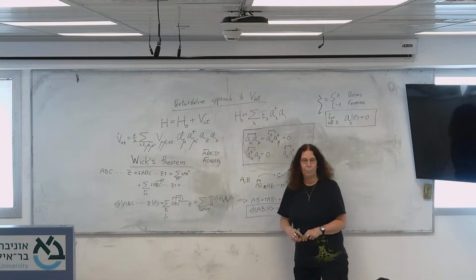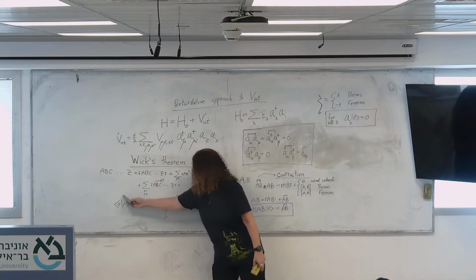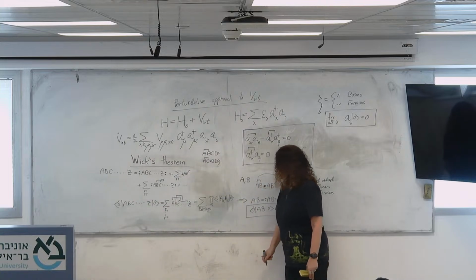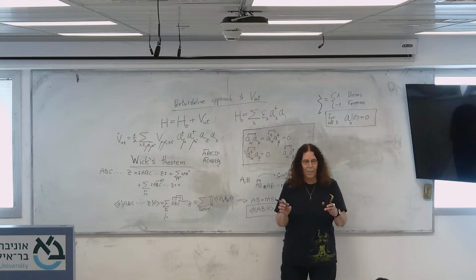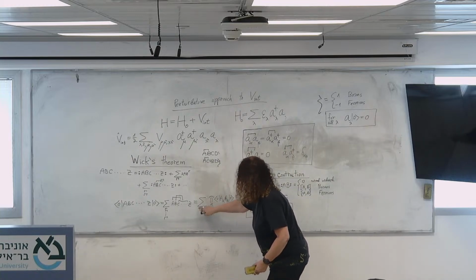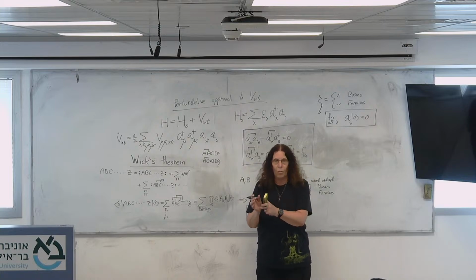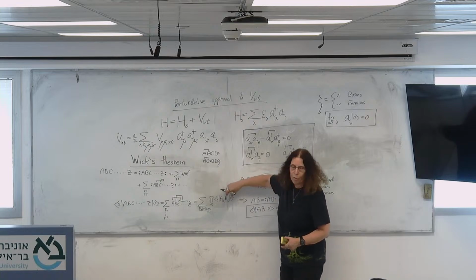Okay? So the vacuum expectation value of a long string of operators is a sum over all the possibilities to divide it to pairs. And for each term in this sum, we get a product of contractors. But the contractors are just the vacuum expectation values of pairs of operators.